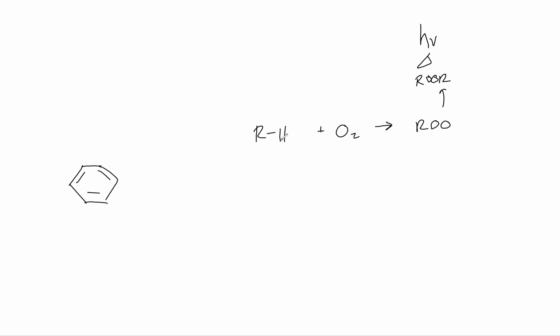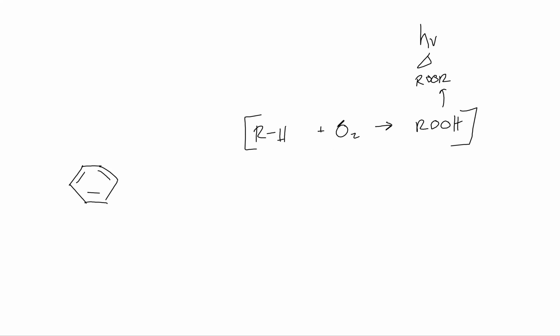Those R groups represent either carbons or hydrogens. So RH and O2 can create either ROOR or ROOH, but it would just be this one here: RH plus O2 creates ROOH. That's the idea behind auto-oxidation.